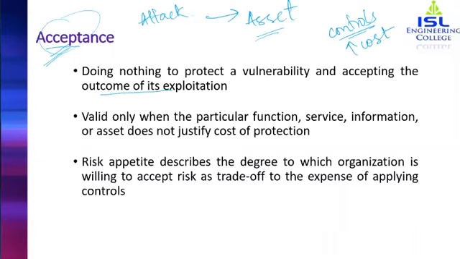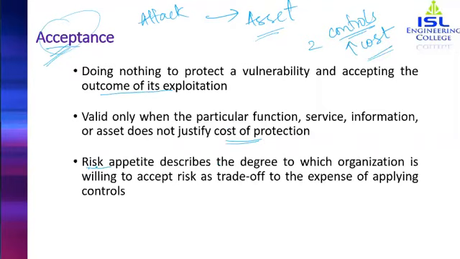If anyone wants to attack, let that be, and you're going to just avoid it, because the amount of work or the amount of resources that will be required to back up this data will be less than the cost that is required for implementing these controls. That is your acceptance. Now, this is valid only when particular functions, service information, or assets do not justify the cost of protection. As I told, this was the second point, when the cost of protection is higher than the cost that is used to back up.